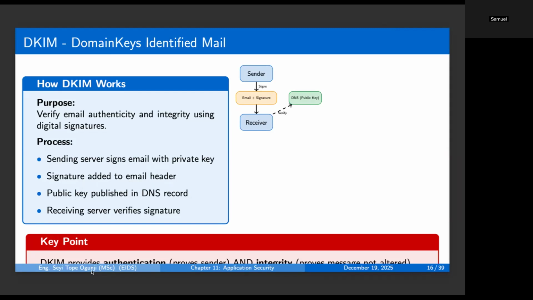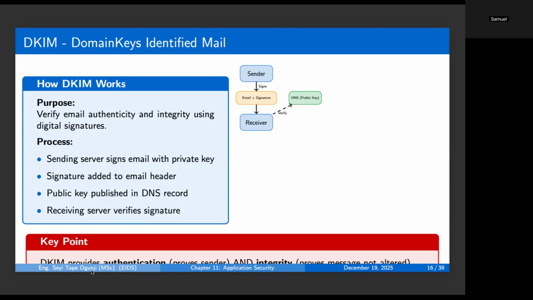And it's also the digital signatures that we dealt with when we treated public key infrastructure that is also used. So what are the procedures for this? The sending server signs the email with a private key. The signature is added to the email header.